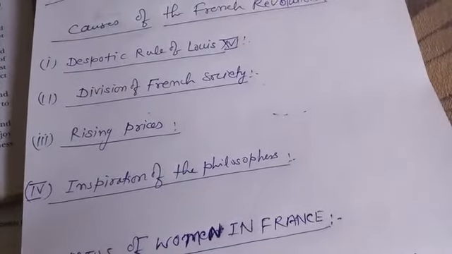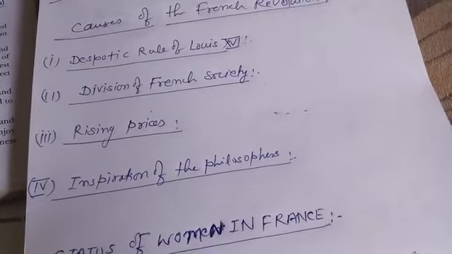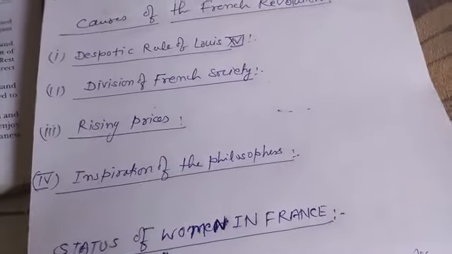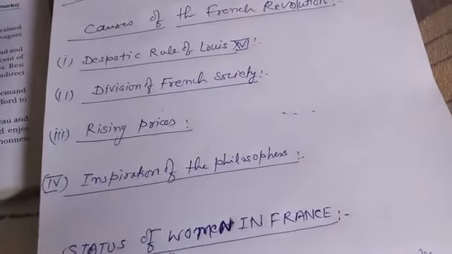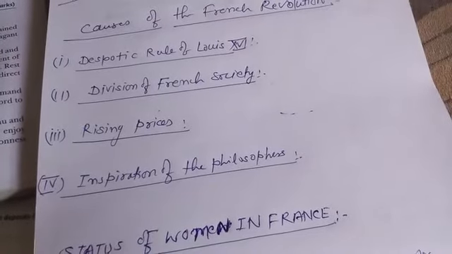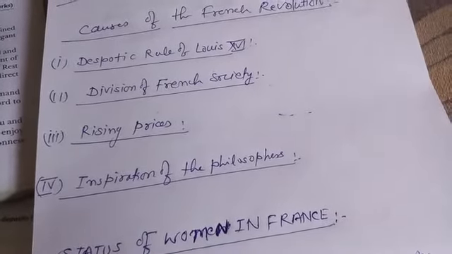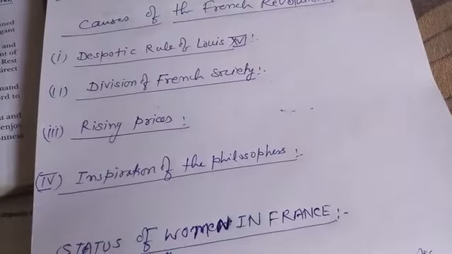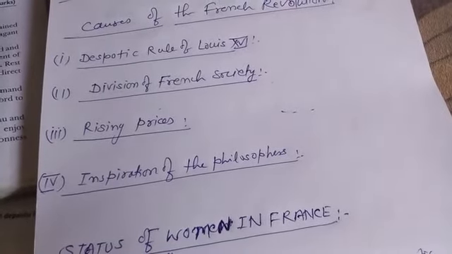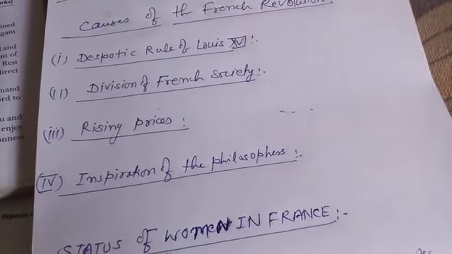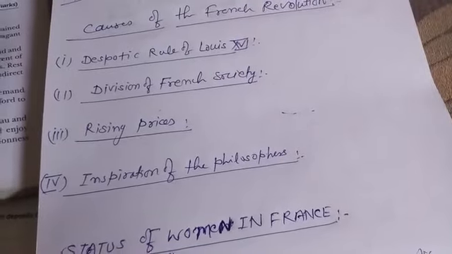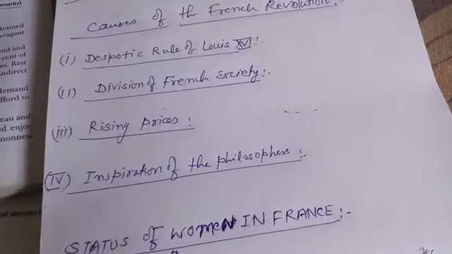The inspiration of philosophers like John Locke, Jean Jacques Rousseau, and Montesquieu also mattered. They propagated the idea of a society where people would enjoy freedom, equal laws, and equal opportunities.